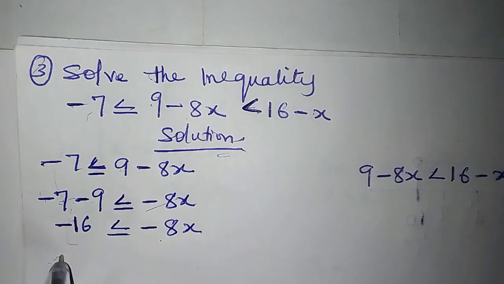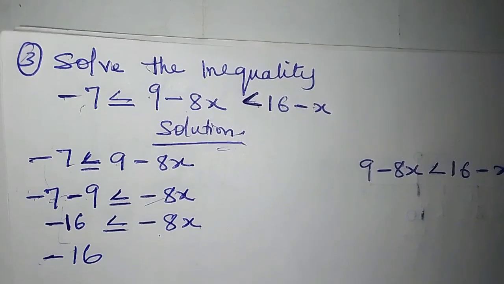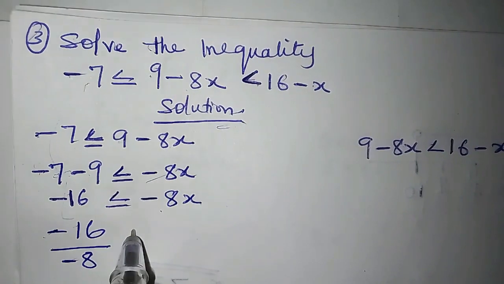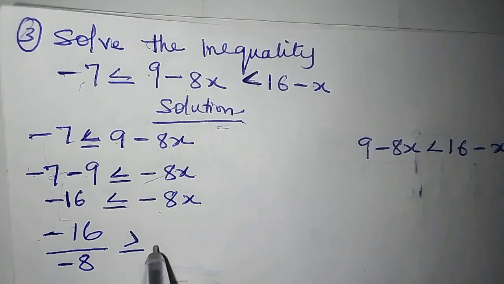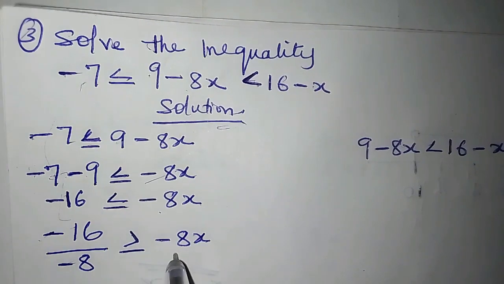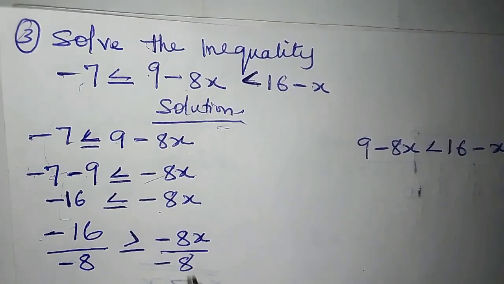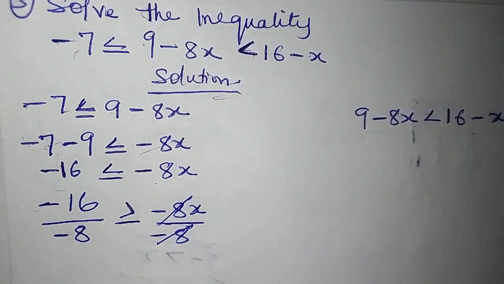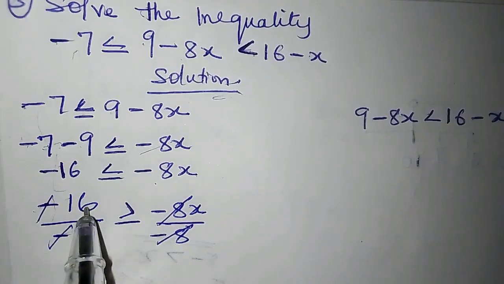So we have minus 16 divided by minus 8, now greater than or equal to minus 8x over minus 8. And so minus 8 cancels minus 8. Minus cancels minus. 16 divided by 8 is 2.